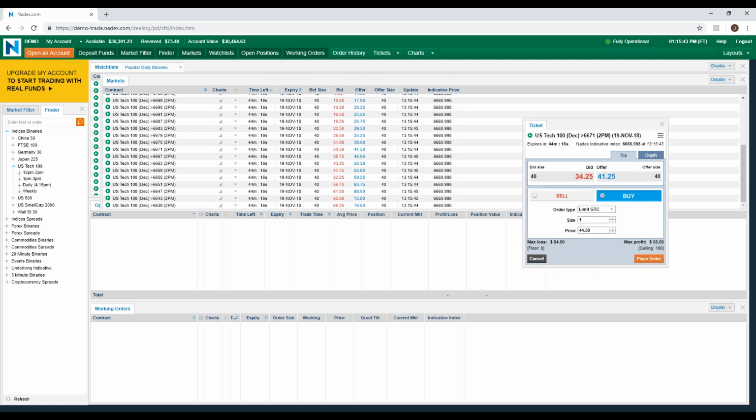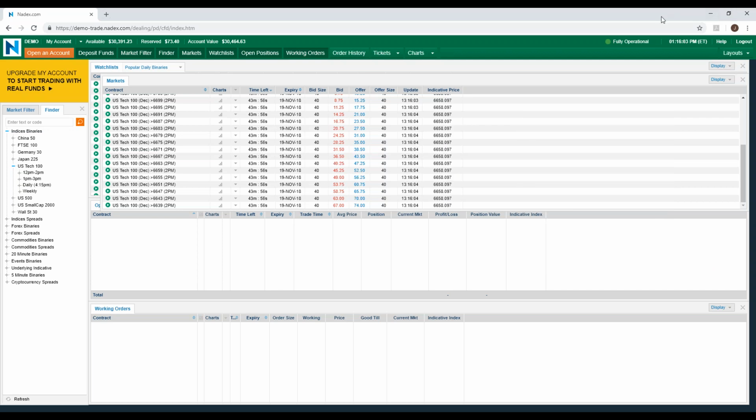So when it says max loss here, just a 1 tick difference could be whether I'm going to lose 41 or make 58, all based on 1 tick. Where does it expire compared to my strike, right?